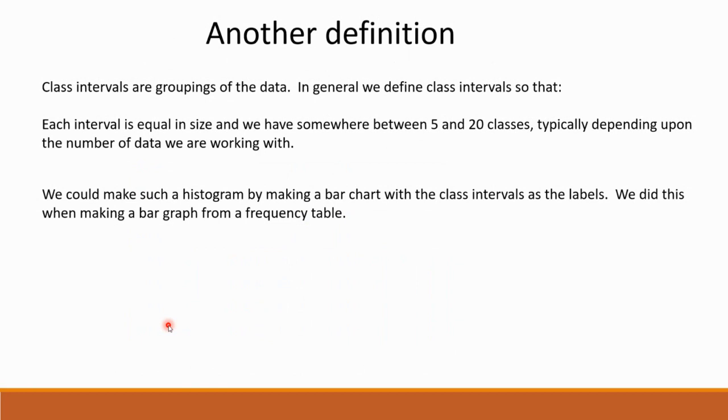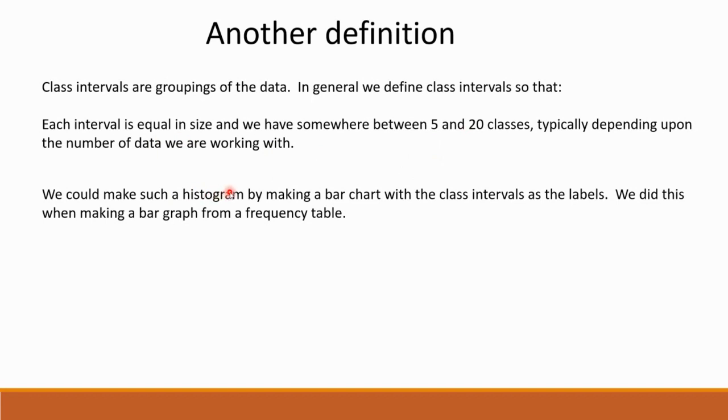They have some requirements: each interval would be equal in size, there's at least 5 but no more than 20, depending on how much data you have. You can use that on the horizontal axis instead of the number line.